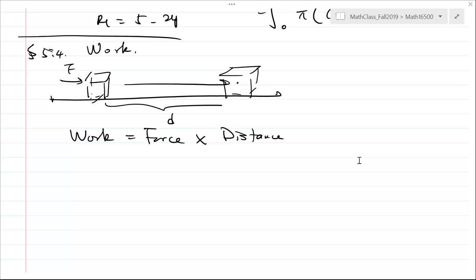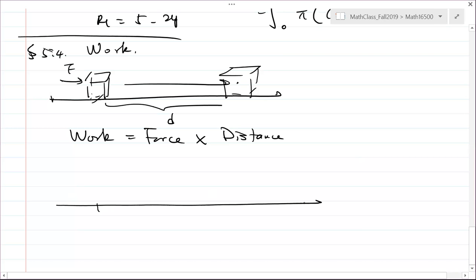It depends on the position of the box, because the conditions are quite different. So this is a coordinate line, and here's the object. The force acting on it depends on the position.